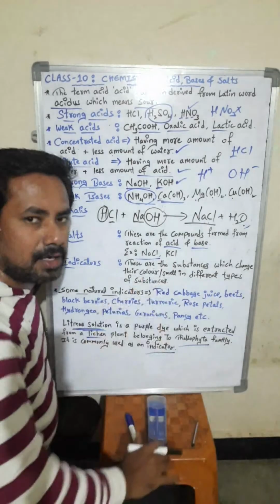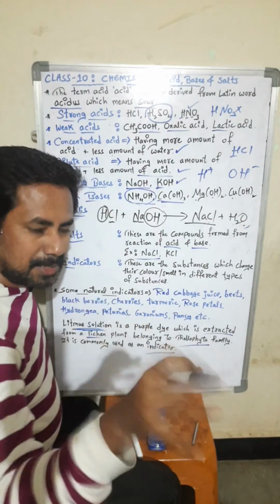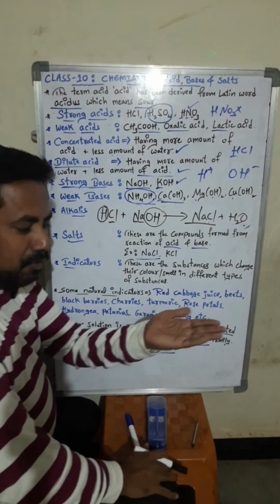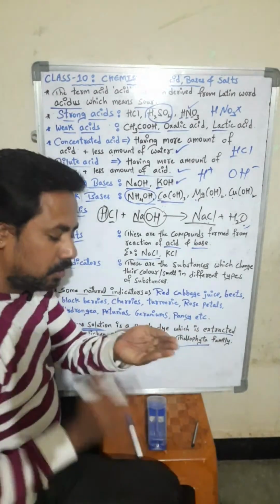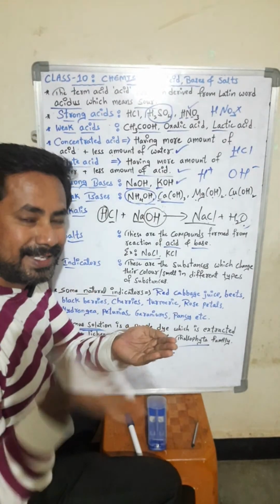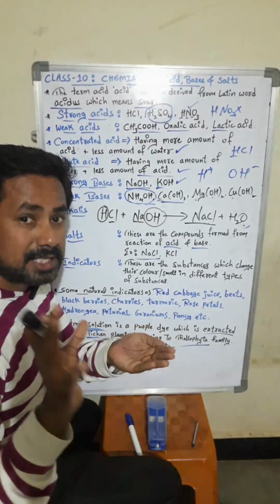Indicators. Indicators are nothing but they show whether the substance is acid or base. See, any one substance is given to you. How will you identify? Oh, it is bitter, it is base. Oh, it is sour, it is acid. No, we do not have to taste each and everything, because some substances are very dangerous.